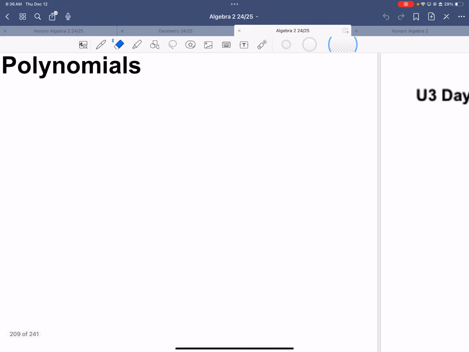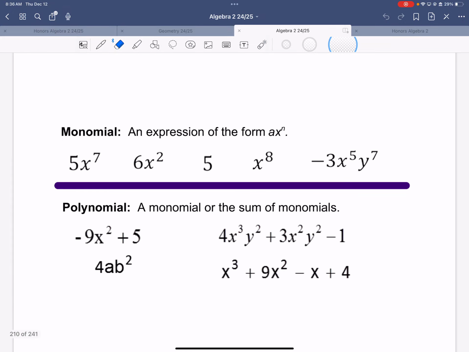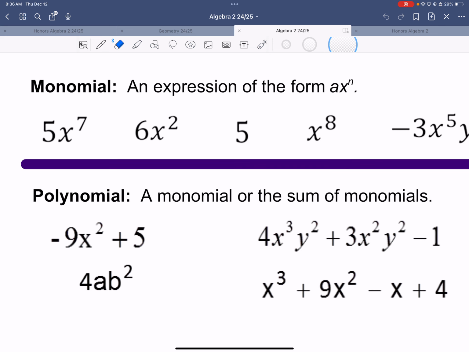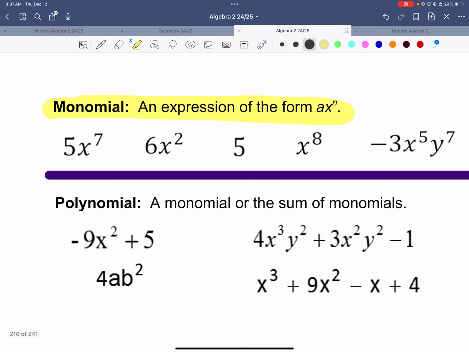So first and foremost, just what's a polynomial? We've got what we call monomials and polynomials. A monomial is an expression of the form a times x to the nth power. It's just one term. Mono means one.